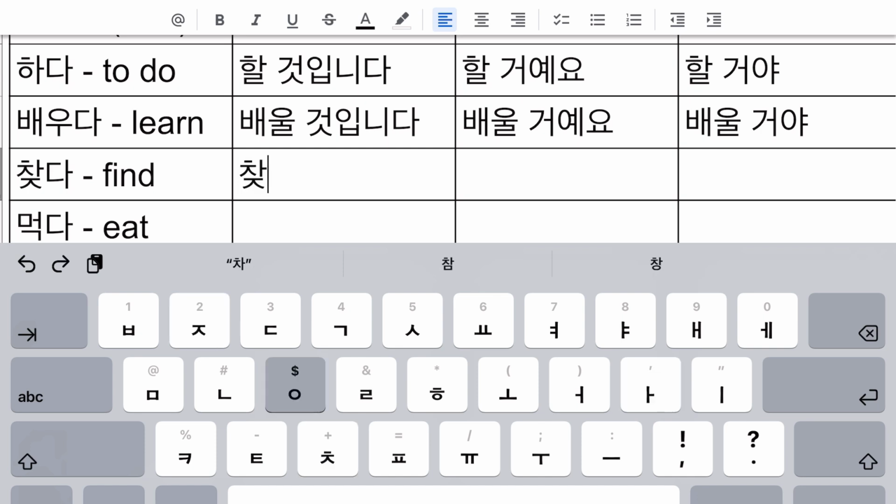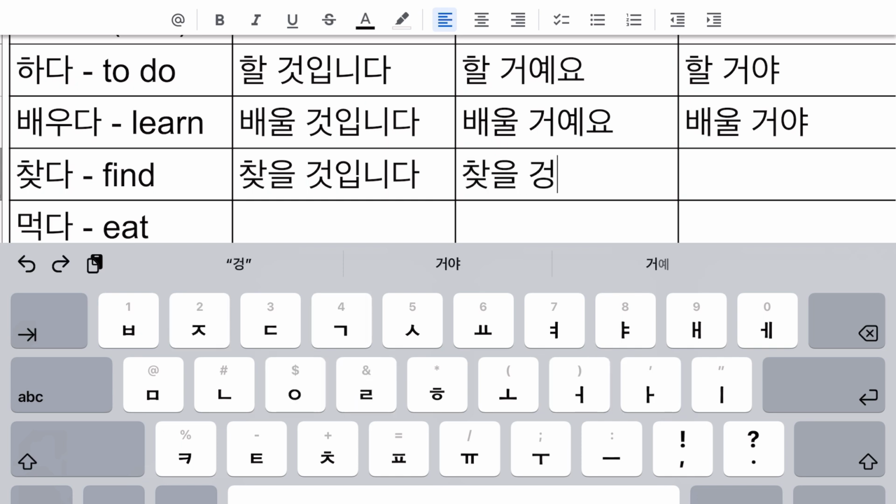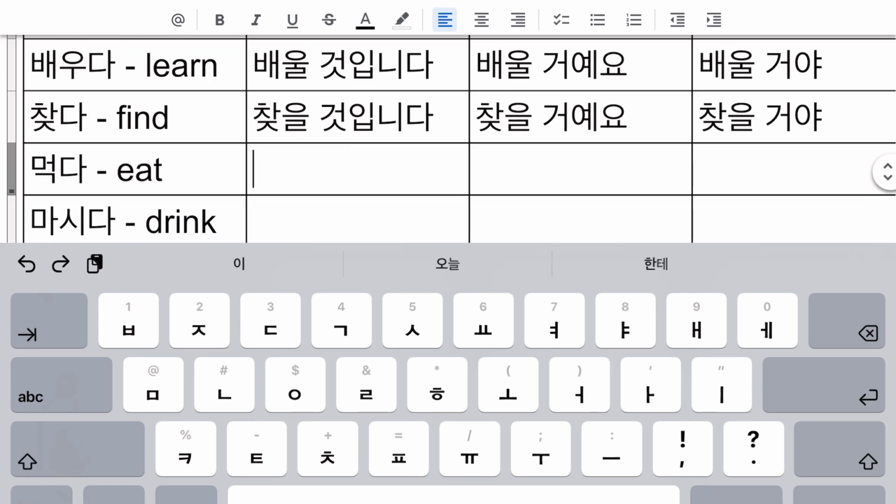So 찾을, notice the J sound is carried over in this case since we have the U, a vowel right next to it. 찾을 것입니다 will find. 찾을 거예요 will look for or will find. 찾을 거야 will find.